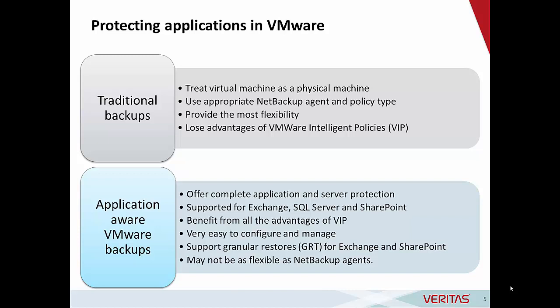And so our solution to this traditionally has been to treat virtual machines as physical machines when it comes to protecting enterprise applications. Install the NetBackup client inside the VM, use the appropriate NetBackup agent to protect the database or enterprise app. And the problem there is that you lose the advantages of the VMware intelligent policy.